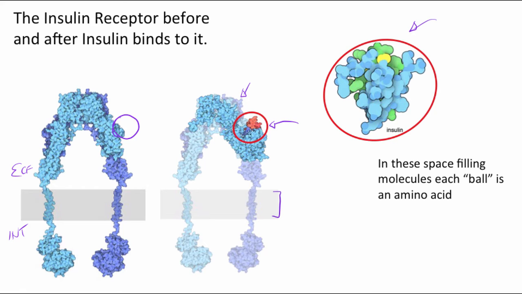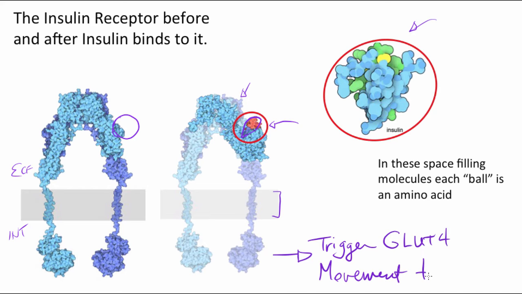So the insulin hormone bound to the hormone receptor, and this binding event is going to trigger GLUT4 movement to, I'm going to say PM for plasma membrane. Isn't that enormous?